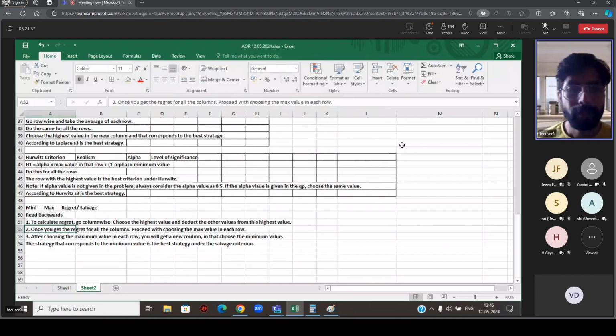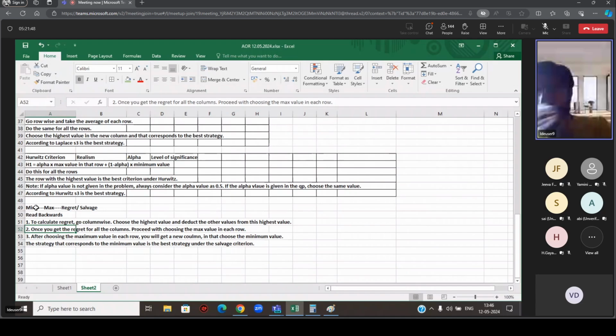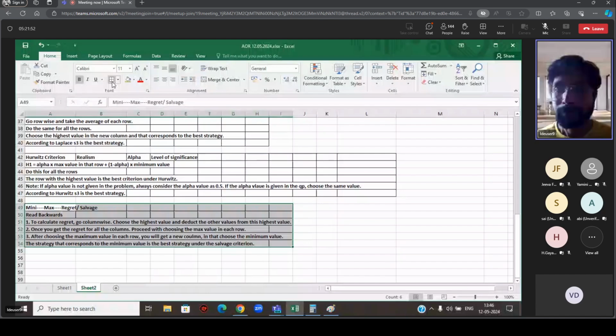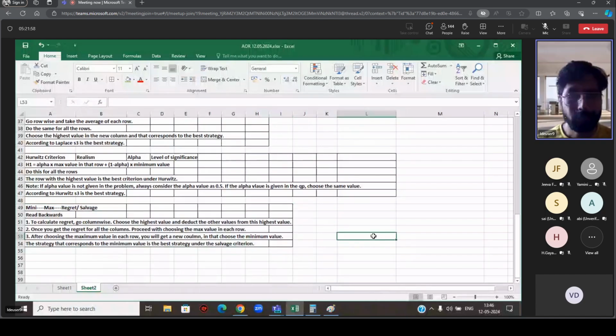Okay, so to calculate regret, go column wise, choose the highest value and deduct the other values from the highest value. So how do you do that? Mark this. Okay, we'll do this. So salvage. How you calculate that salvage? Very simple.